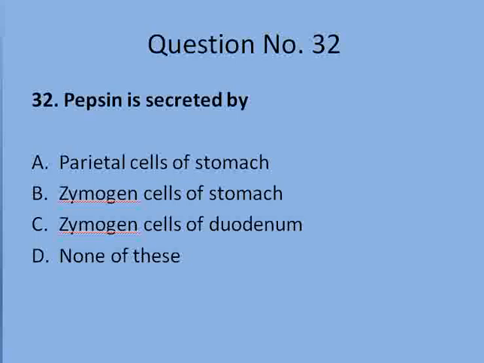Question number 32. Pepsin is secreted by parietal cells of stomach, zymogen cells of stomach, zymogen cells of duodenum, none of this. Pepsin is secreted by zymogen cells of stomach. So option A is the correct answer for this.